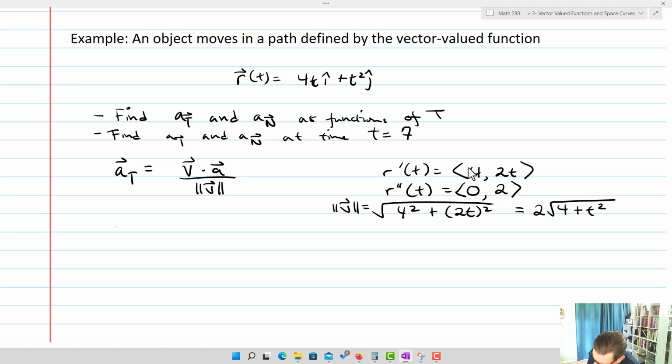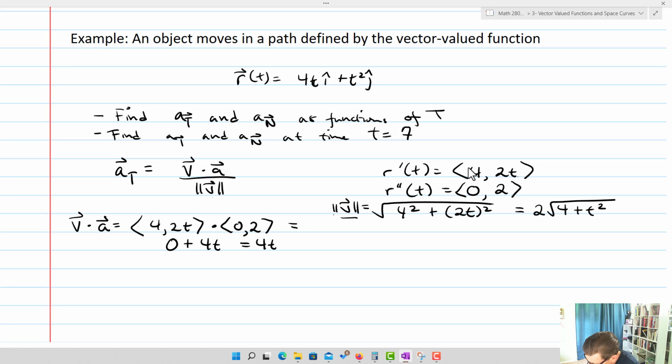Okay, so our tangential component, a sub t, is going to end up equaling, well, first we've got to take that dot product before we do anything. There's our magnitude. Take the dot product. So v dot a is going to equal the dot product of <4, 2t> with <0, 2>, which equals 0 plus 4t, which just equals 4t.